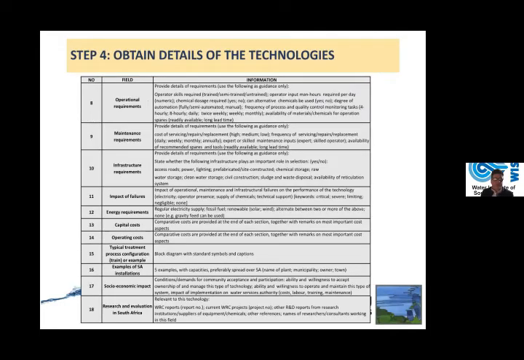You can look then at the operational requirements of that technology, maintenance, infrastructure requirements, things like impact on failures, and energy requirements, obviously important. The costs include both capital costs and operating costs, so that you can establish what your life cycle cost would be over 10 or 20 years. Typical treatment process configuration. It also provides in row 16 the examples of South African installations, so if you want to go and have a look at the technology and get first-hand experience.